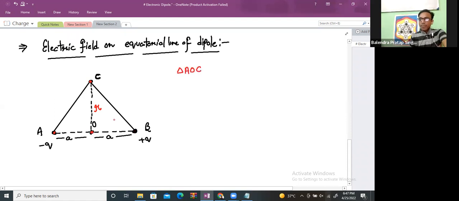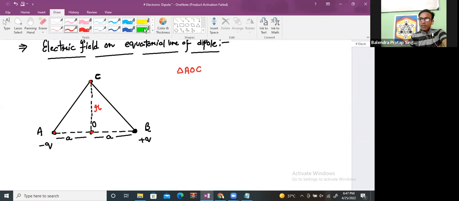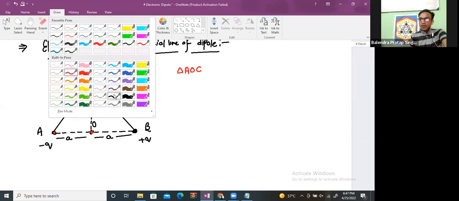In this triangle, what is the value of AC?